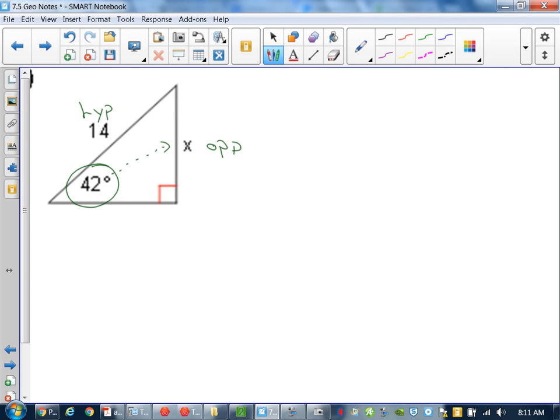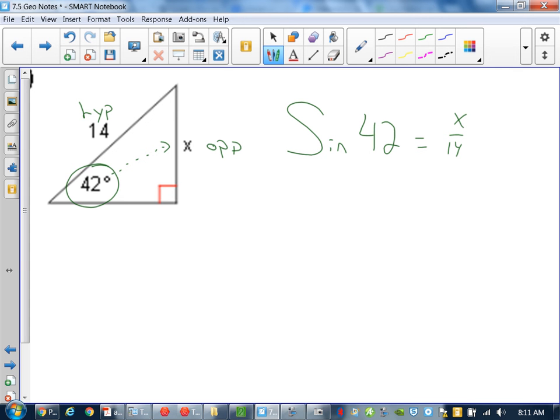Sine. It's sine. So that means that the sine of 42 would equal x over 14. What? I just got that? Yes, sir.